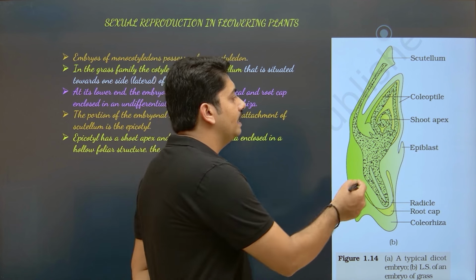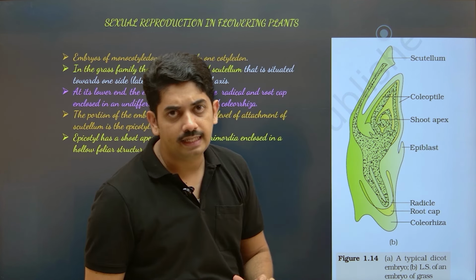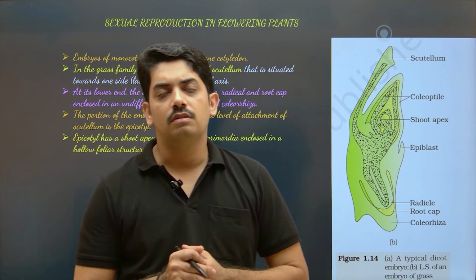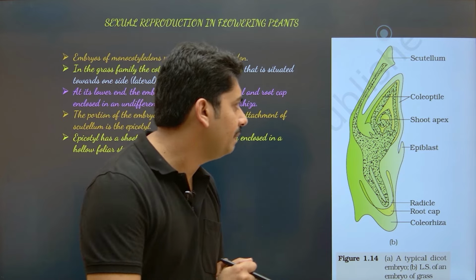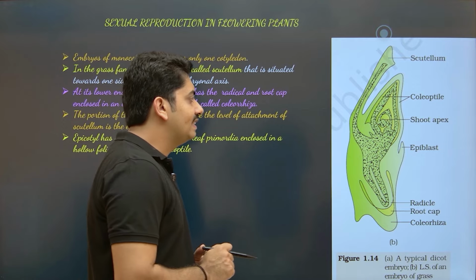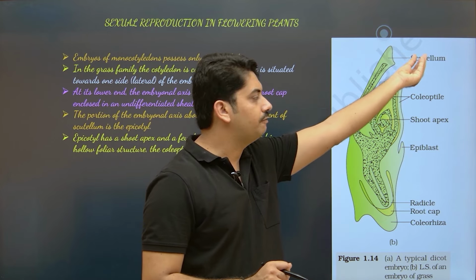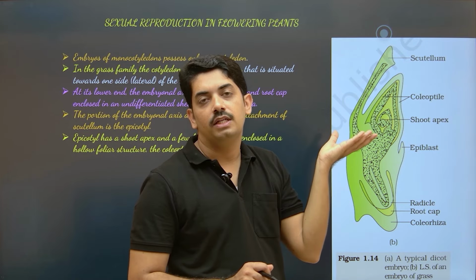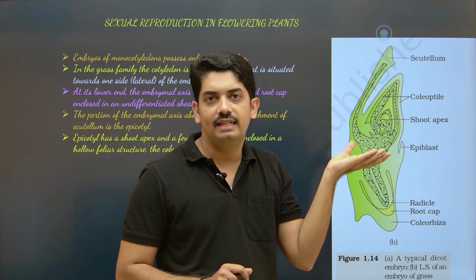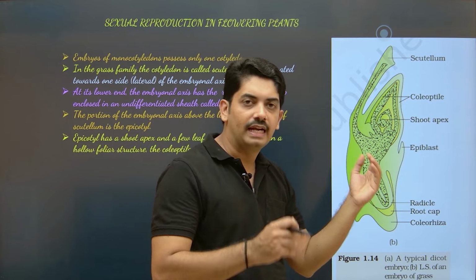Okay, here you can see a small part called the epiblast. The explanation is not given in the textbook, but can you predict what that epiblast is and why it is given? See, it's just a rudimentary part. Actually, if it grew and formed one more cotyledon, it would look like a dicotyledonous seed. But in evolution, this part got reduced.